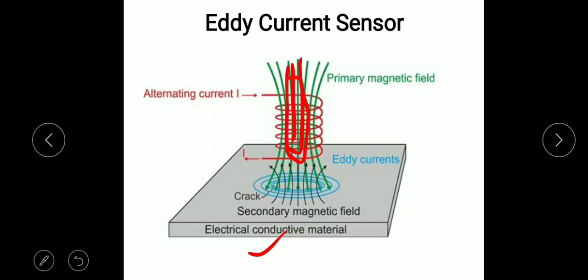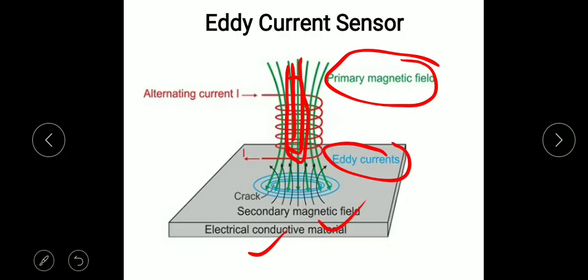When the sensor travels near the electrically conductive material, due to this primary magnetic field, an eddy current forms in the conductive material. That can be expressed as a secondary magnetic field.